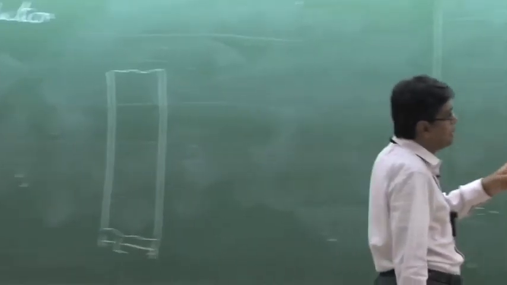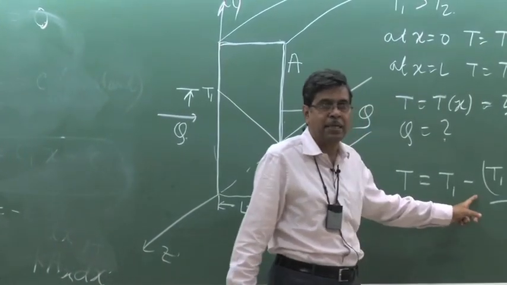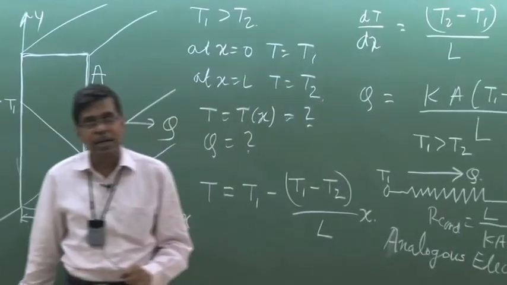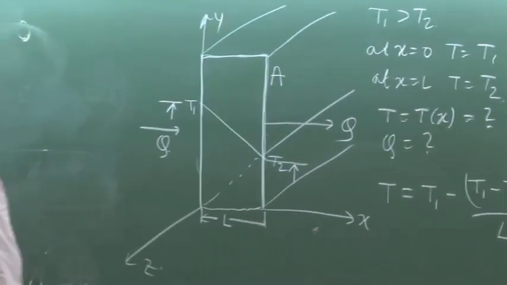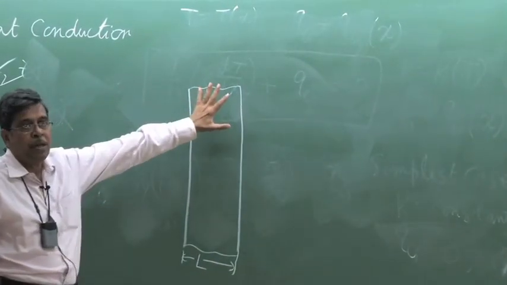Here the problem is specified by temperature at the two surfaces, then only you can express the temperature profile and the heat transfer. But here this problem is sometimes specified like this, a practical problem.